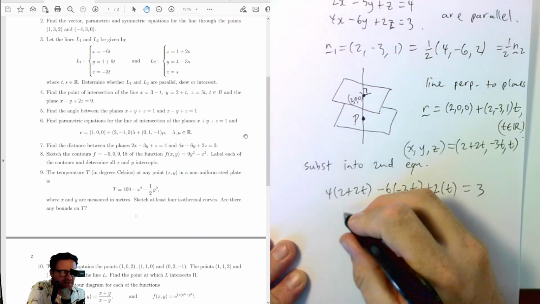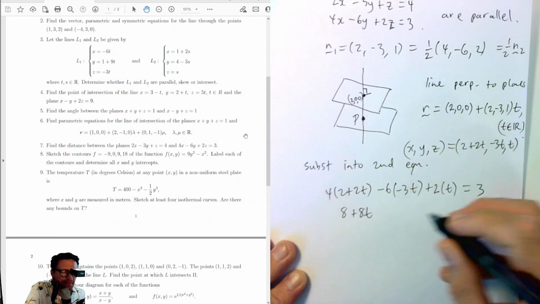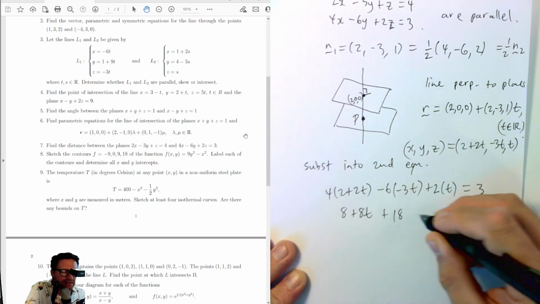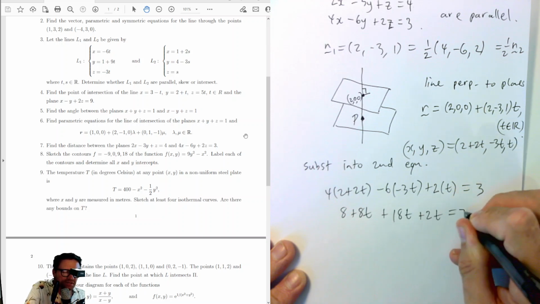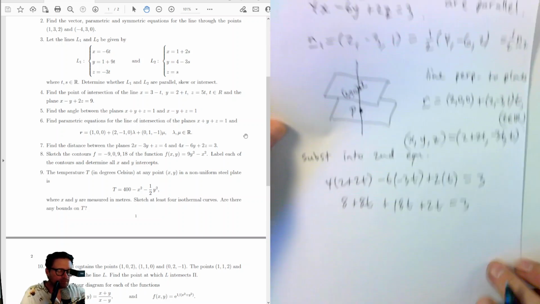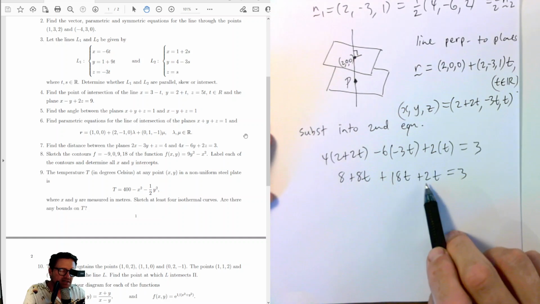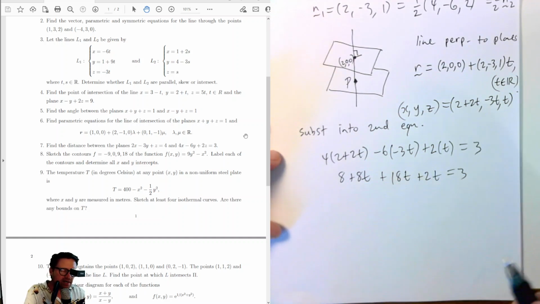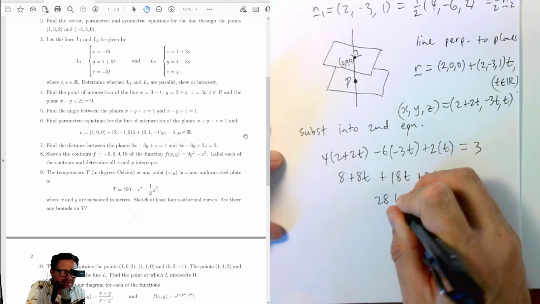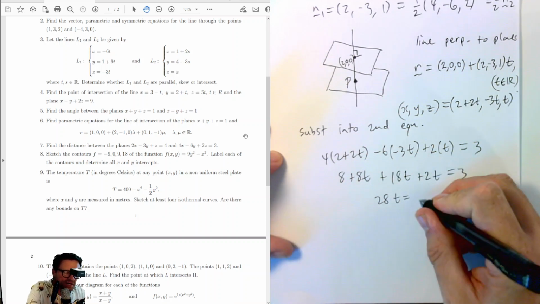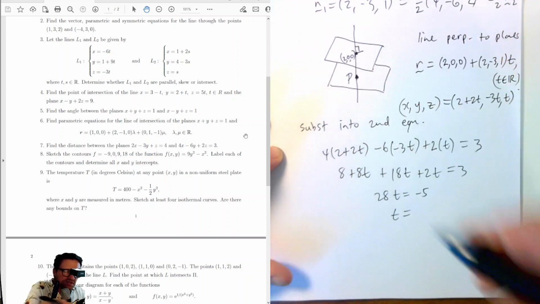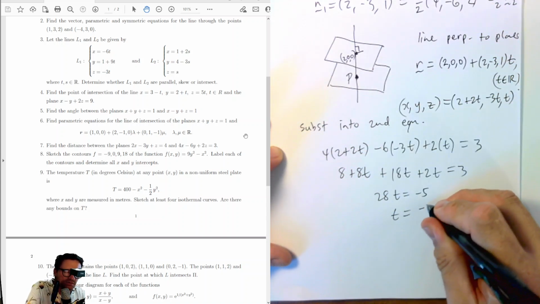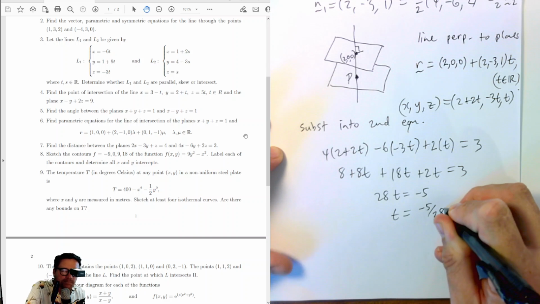Okay, so expanding this, 8 plus 8t plus 18t plus 2t is 3. 18 and 2 is 20, plus another 8 is 28. So 28t gives us 3 minus 8, which is minus 5. So the parameter that gives us P is t equals minus 5 over 28.